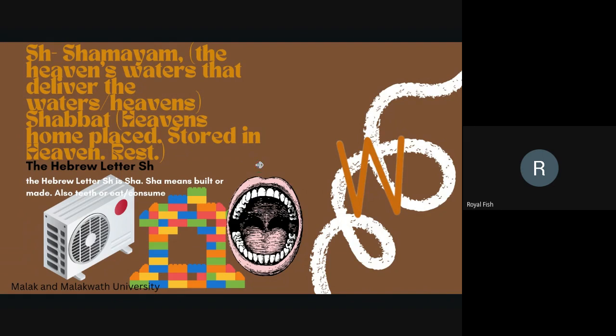So the heavens, waters that deliver the waters, heavens, Shabbat, heavens are the home place. So heaven is our home place, and we are all stored in heaven as well.